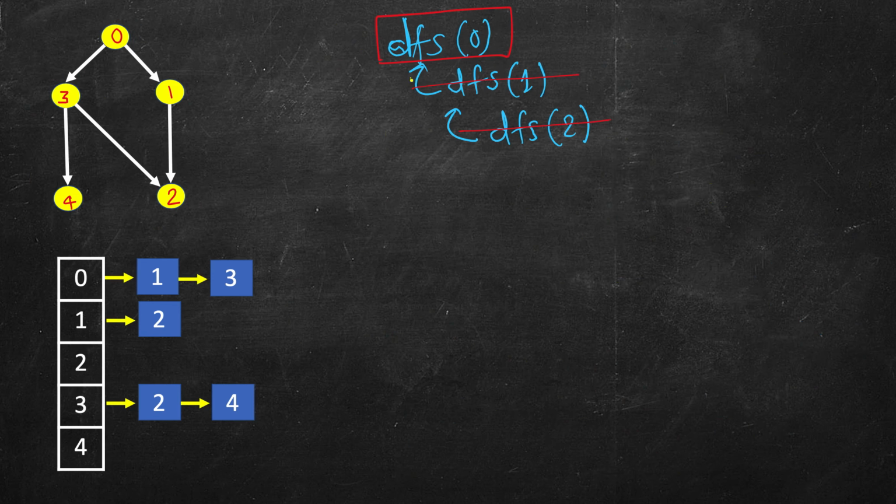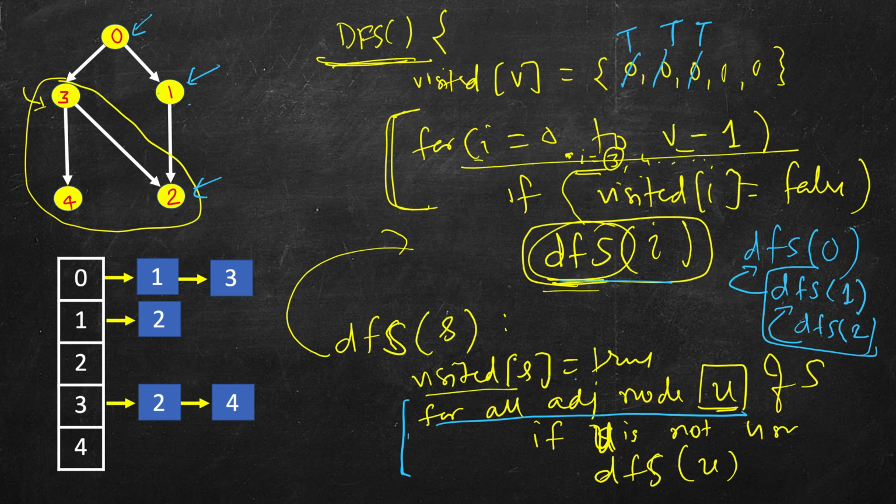So it will call at this level DFS 3, and 3 will look at all adjacent nodes of 3. It's 2 and 4, but 2 is visited, so it will not execute this DFS since the visited check is added here. So it will call for 4.